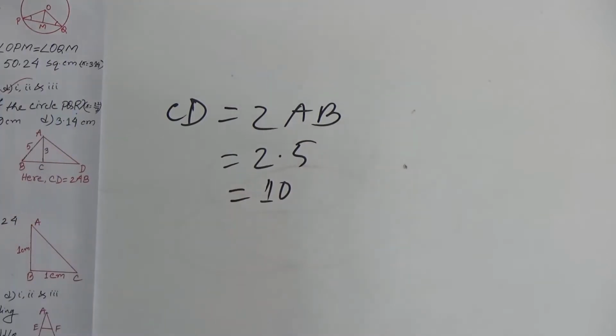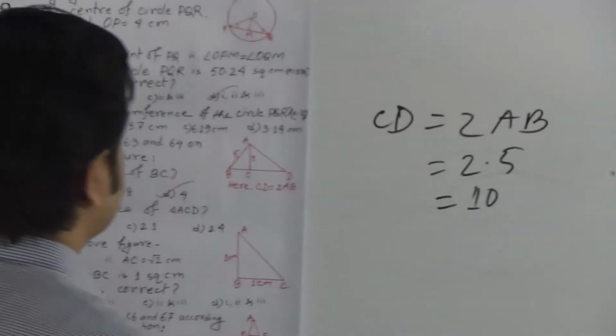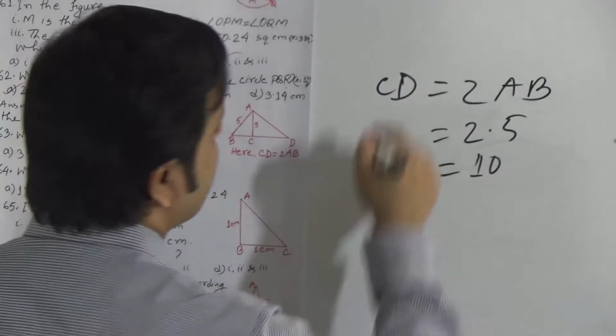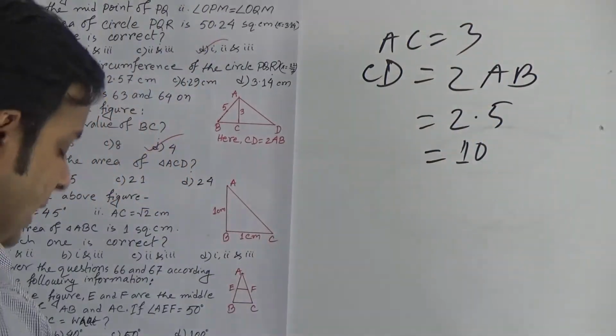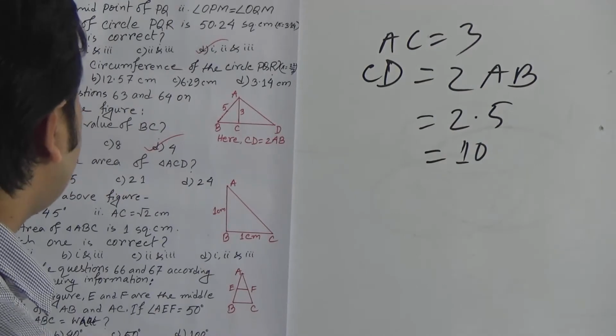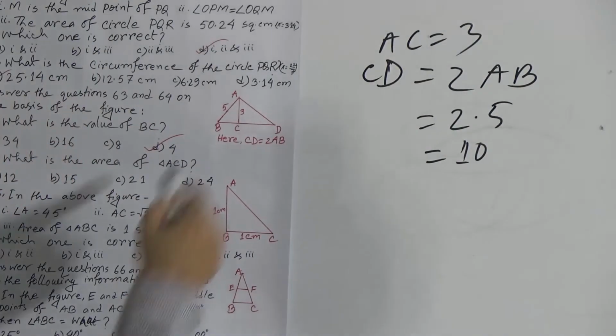So CD must be 10. Now AC is 3, that is given. So we have to find the area of triangle ACD.